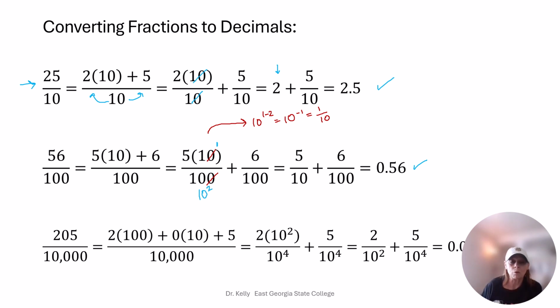So I wrote it in the powers of 10 here, and then here, of course, I said 2 minus 4 equals negative 2, so that's 10 to the 2 minus 4 gives us 10 to the negative 2, and there is our 10 to the negative 2 underneath. And then nothing changes here for the 5 over the 10,000. So the final reveal is 0.0205.